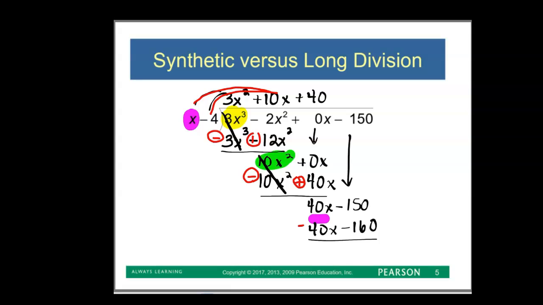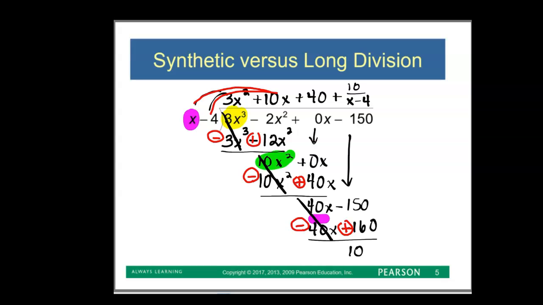Subtracting changes the sign on every term of that second polynomial. The linear term subtracts out, and I'm left with 160 minus 150, which is a remainder of 10. So I can write the remainder over the divisor, and that is my final answer.